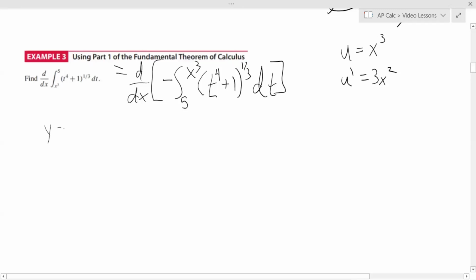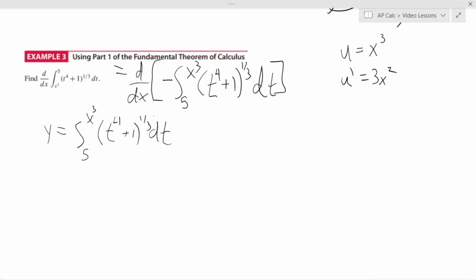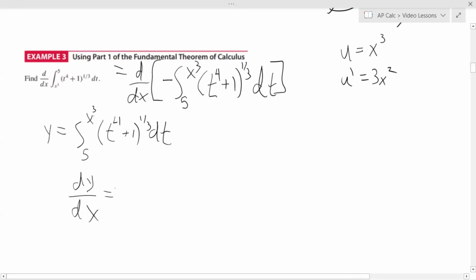So if we let y equal the integral from 5 to x cubed of (t to the fourth plus 1) to the 1/3 dt, and let u equal x cubed, then we could take the fact that dy dx is going to be equal to dy du times du dx.